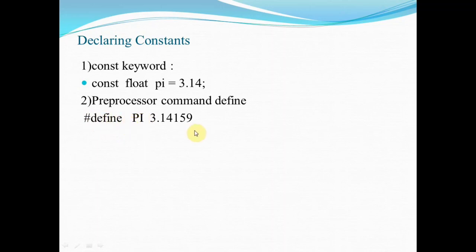And one more thing: there must be a space between the constant name and the constant value. So you have to follow these rules while defining a constant using #define. Whenever you declare a constant using this, you cannot change the value of that constant in the program. So this is all about the constants in C.